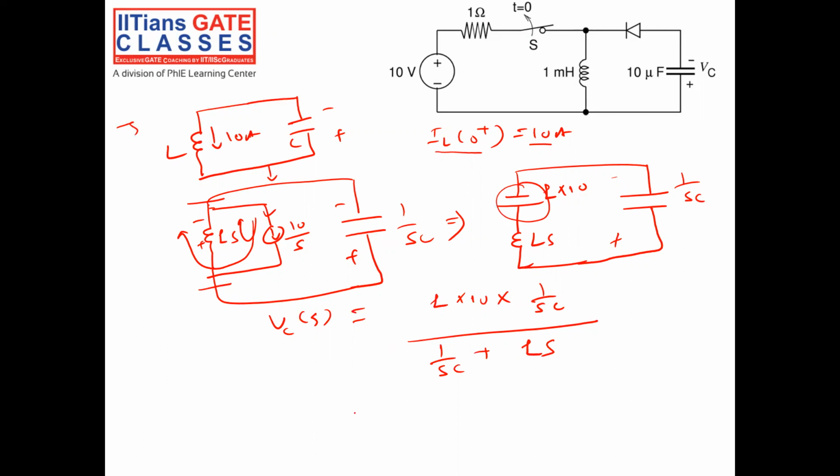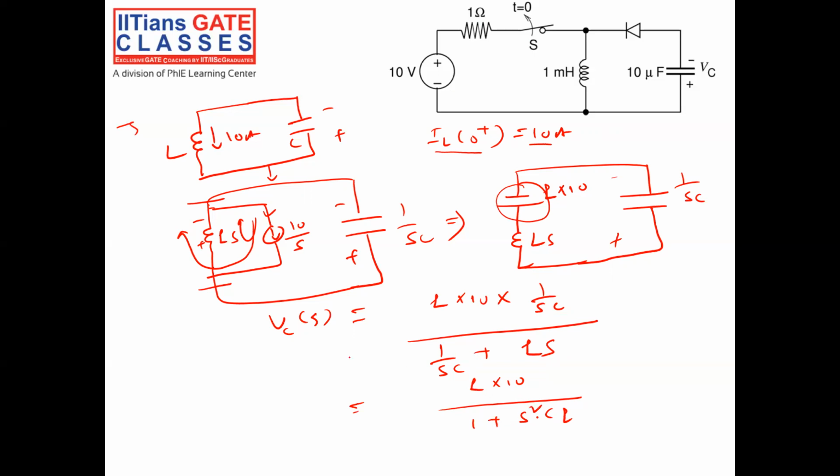Okay, so I will take the SC below. So I got L into 10 divided by 1 plus SCL. If we take SC to the downside, SC gets canceled, and SC into SL will be S square into LC.